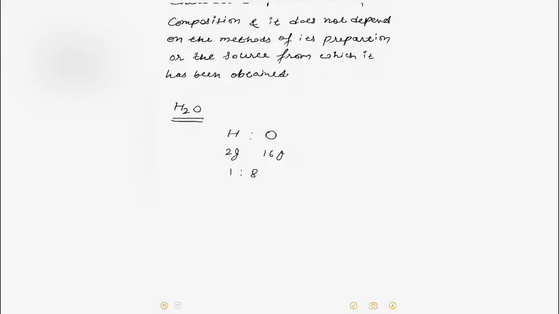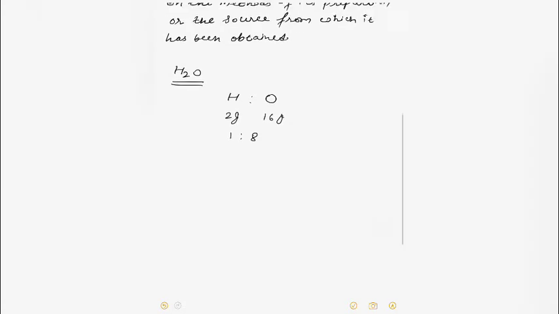Whatever the source we use, it may be groundwater, surface water, capillary water, or the product of combustion, whatever may be the source of obtaining, the ratio of their constituent elements always remains the same. Let's take another example.